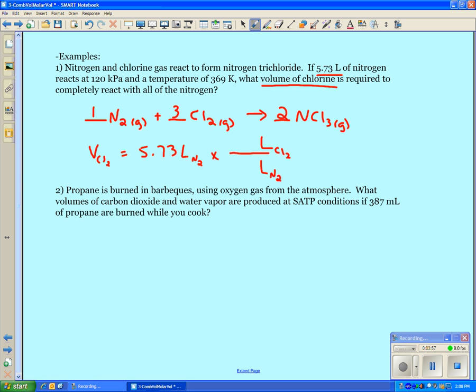So from the balanced equation, we get our coefficients, 3 liters of chlorine for every 1 liter of nitrogen. Now my units for nitrogen cancel, and on your calculator when you put this in, you should get 17.19 liters, and we're going to round to 3 significant digits. So 17.2 liters of chlorine is your answer.